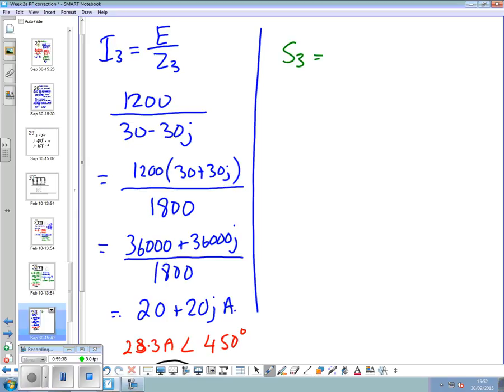S3 is equal to E times I3. That's 1200 times 20 plus 20J.